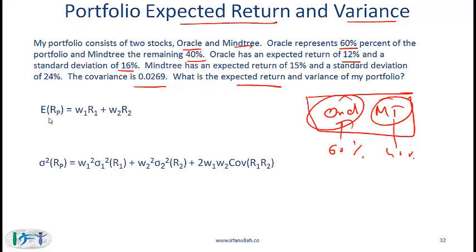So the expected return on the portfolio will be the weight of the first stock, which is Oracle, so that's 0.6, multiplied by the expected return on Oracle, which is 12%, so into 0.12, plus the weight on the second stock, which is 0.4, multiplied by the return that is expected on the second stock, which is 16% or 0.16. So we do the maths and we get 13.6%.